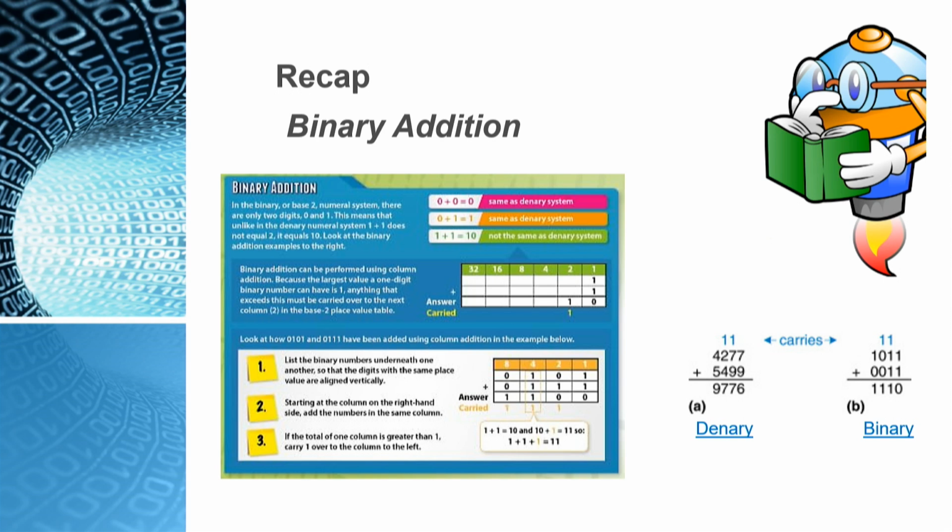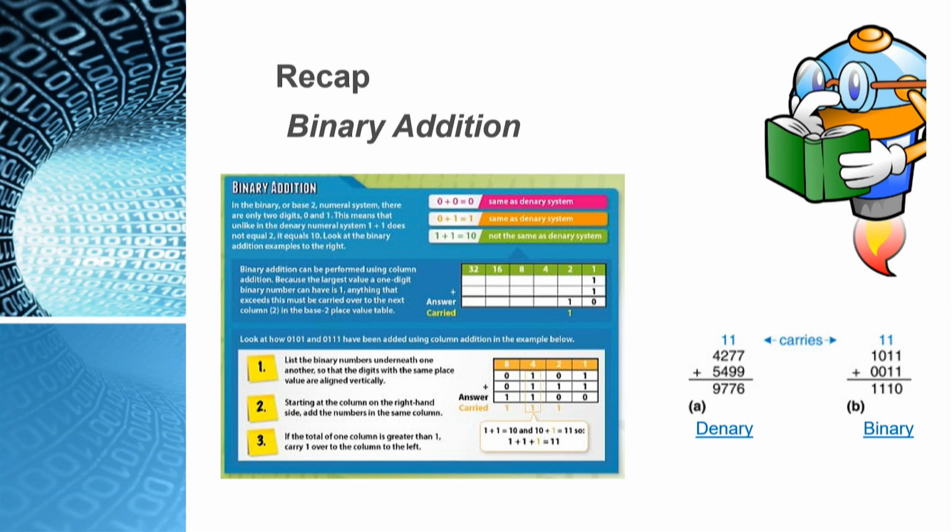This lesson has taught us about binary addition. We have seen that 0 plus 0 gives 0 and 0 plus 1 gives 1, similar to the denary system. However, 1 plus 1 in binary gives 1, 0. We discovered that the largest value a one-digit binary number can have is 1.